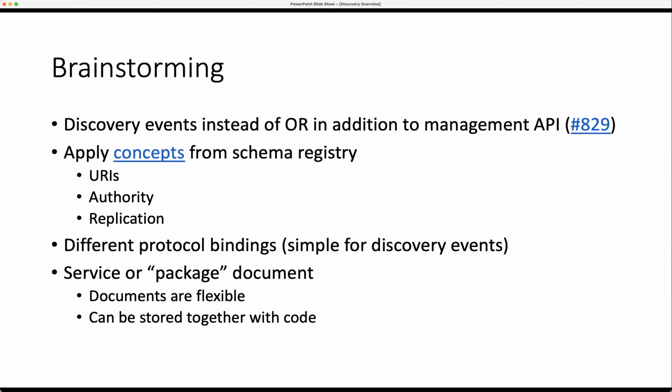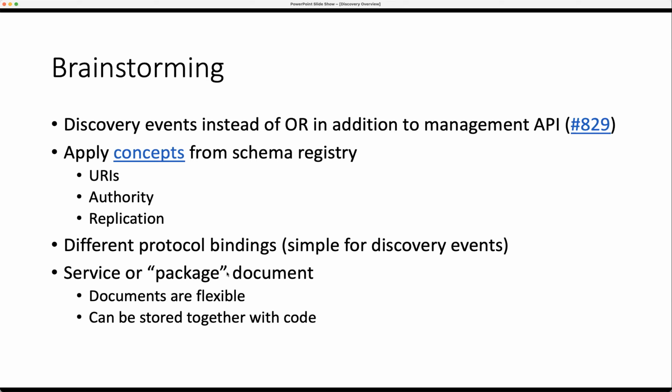And last but not least, so far there's this API resource of a service, and a lot of other standards, like for example OpenAPI or AsyncAPI, use the notion of documents. I wonder for those discovery events if a document format defining a discovery document could also be a way forward.